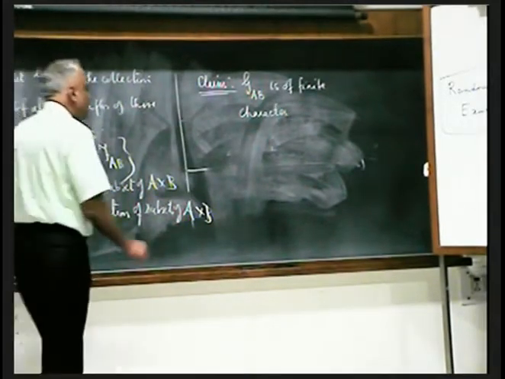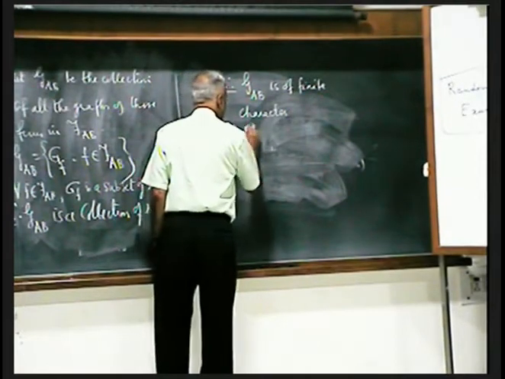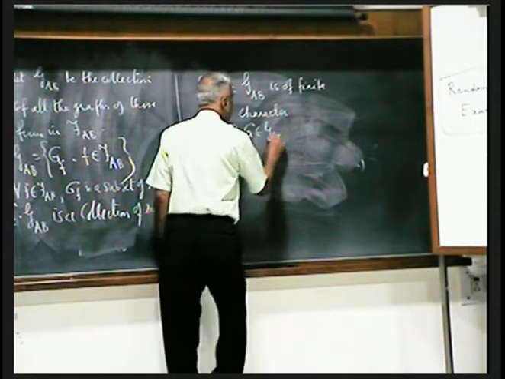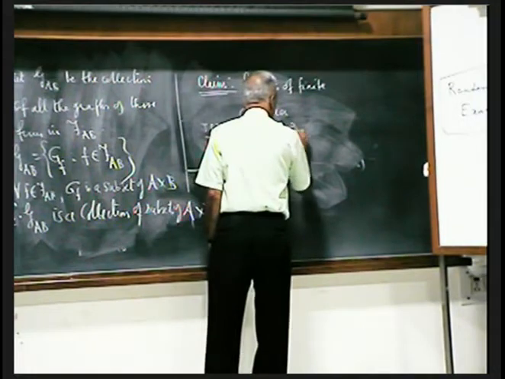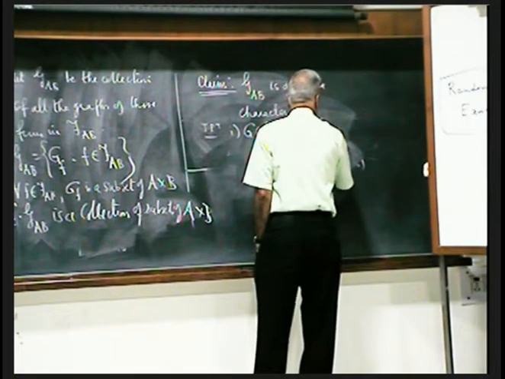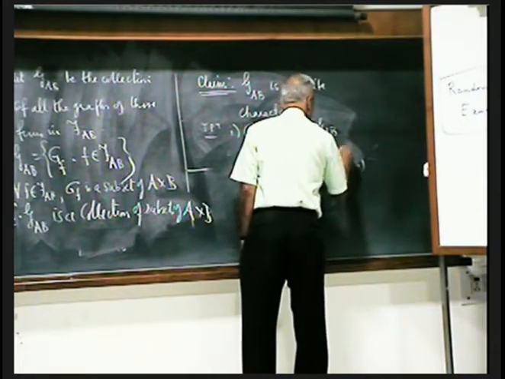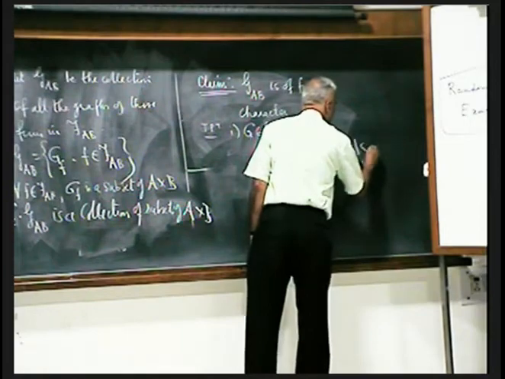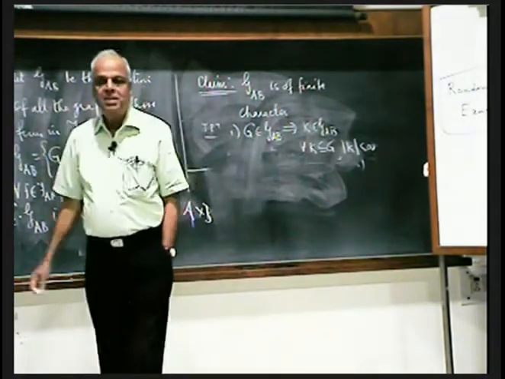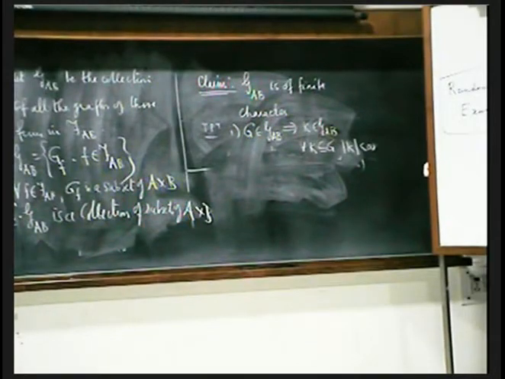So there are two things I have to prove. One, G in GAB implies K is in GAB for every finite subset K of G. Every subset of G which is finite must also be in the collection.